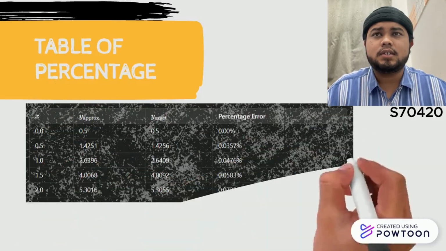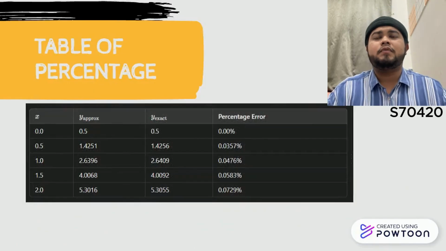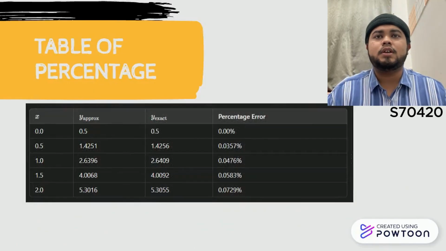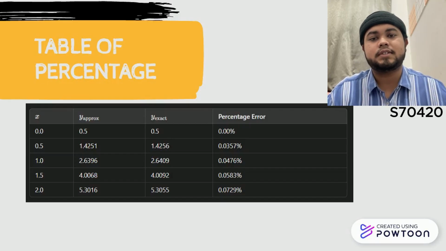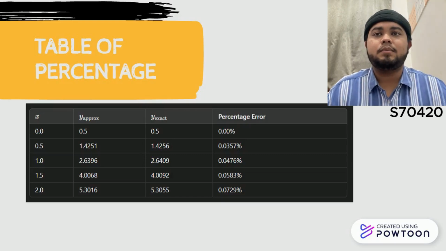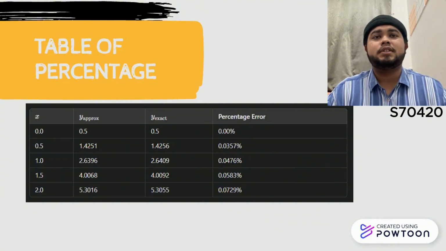So the next part is a table of percentage errors. Each value in the table of percentage errors we can get from the calculation slides before this. As an example, for x, y approximate, y exact and percentage error, we can get these values from the equations before this. For example, x equals 0.0, y approximate equals 0.5 and y exact equals 0.5, the percentage error will become 0.008%.